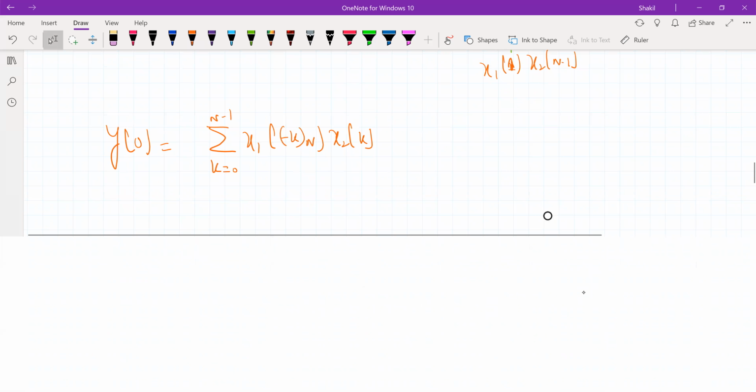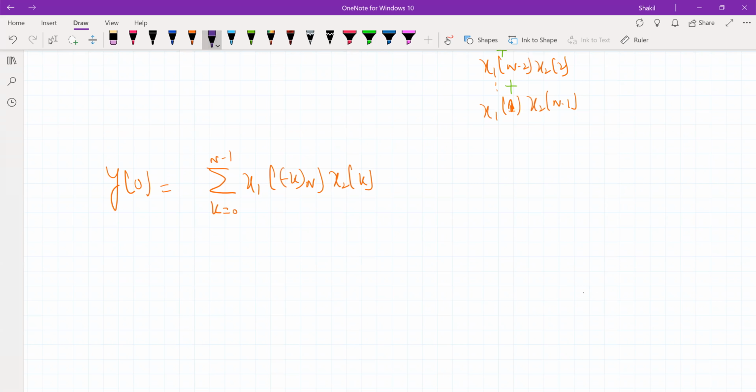So what we'll do, we'll obtain the expression now analytically. So this is the expression, expand this, means substituting the different values of k.